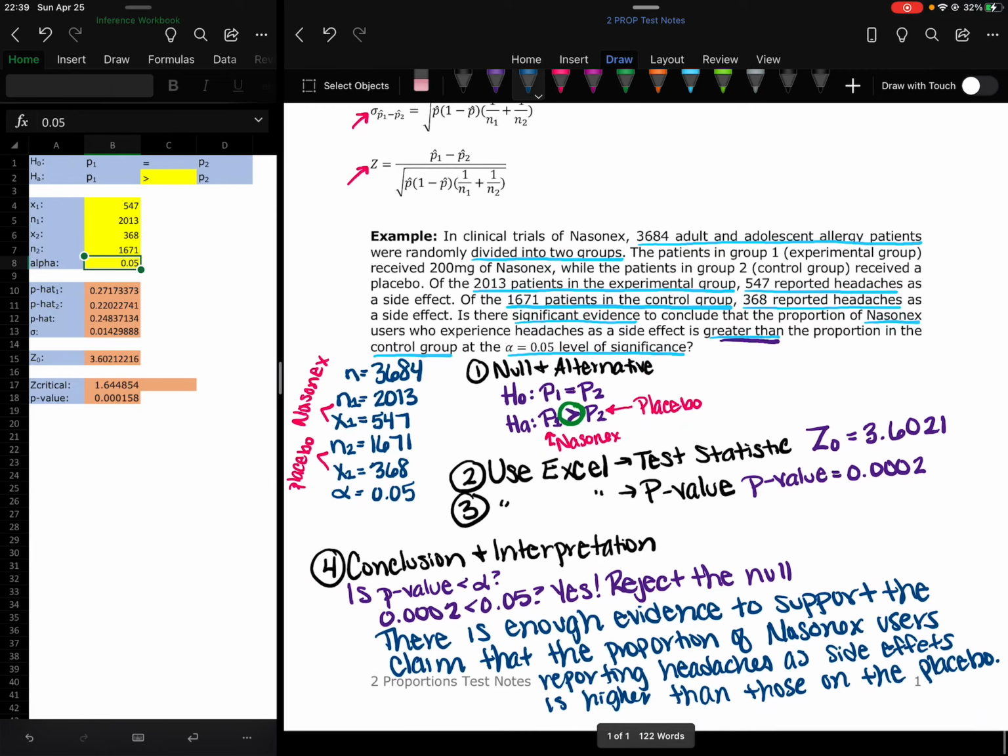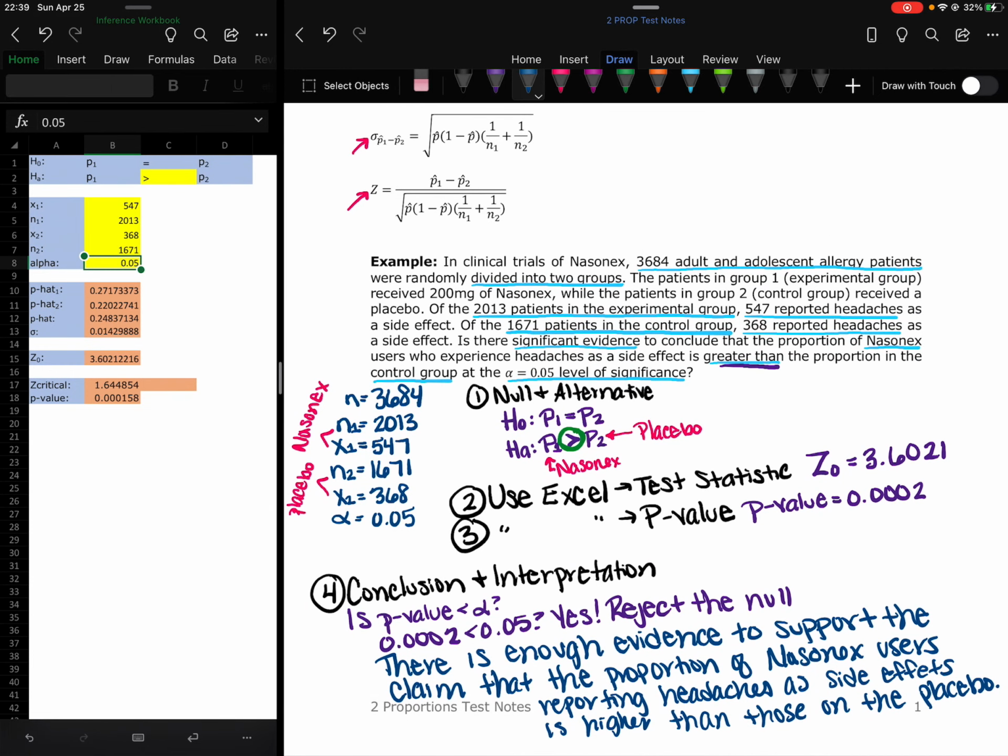That's the formula that's being used. But I am not expecting you to do any of this stuff by hand. I want to see, can you write the null and alternative? Can you take the p-value and come to the right conclusion? And can you interpret what that means? And that's it.